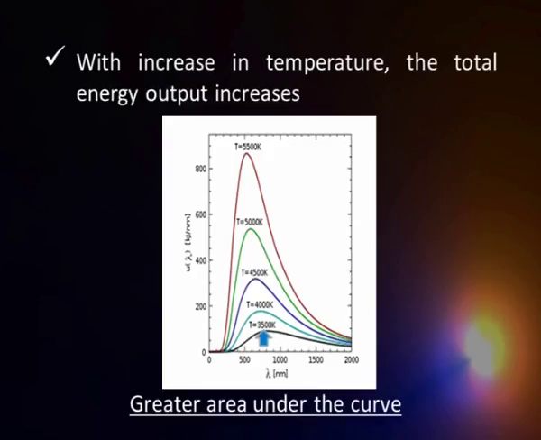What you find is that as the temperature increases, say from 1000 Kelvin to 4000, 4500 and so on, the energy output is more and more. That means you can see it in terms of area under these curves. The area under these curves increases. That is the first observation.